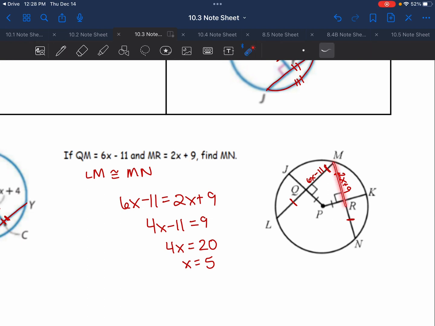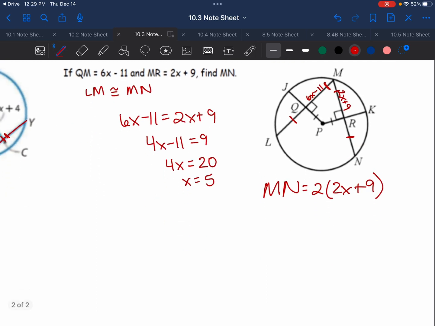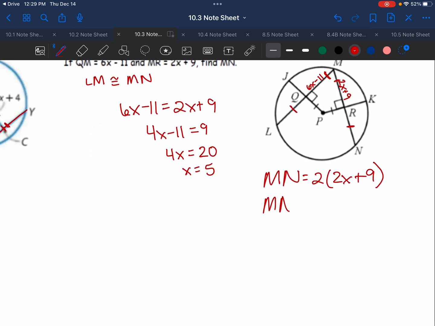So then MN, which is here, remember it's split in half, so 2x plus 9 is half of MN. So MN is 2 times 2x plus 9. So if I plug in 5 for x, I can find the length of MN.